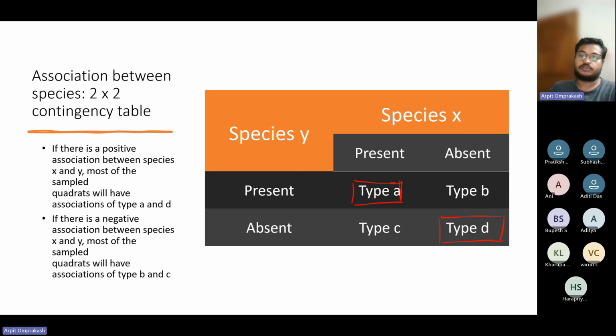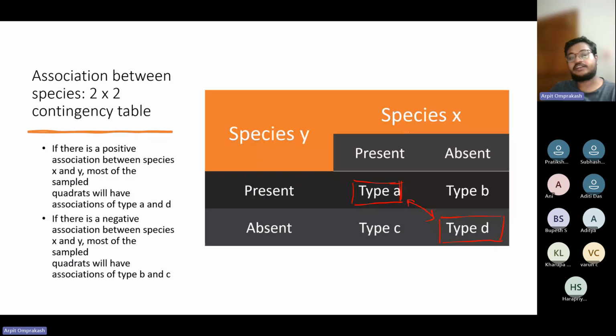If two species are regularly associating and have some function carried out by both of them, or they are functionally helping each other out or depending upon each other, then if one species is not present, the other species is also less likely to be present. So these two kinds of association, type A and type D, are seen in places where you have a positive association between both the species, if both of them are helping each other or if one of them is helping the other.